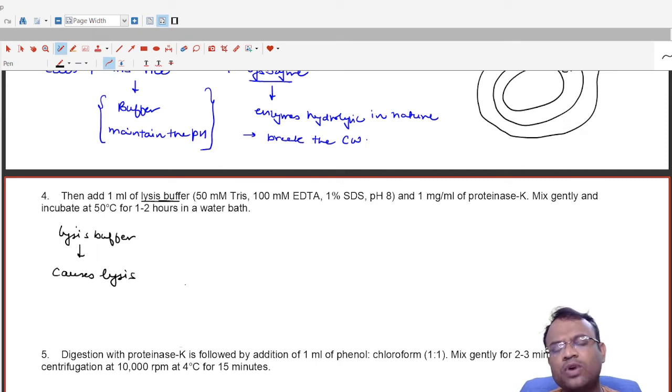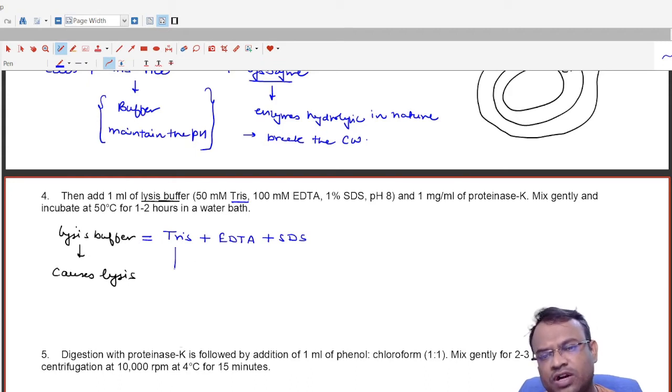What are the main components of this lysis buffer? The main components of the lysis buffer involve Tris, plus EDTA, plus SDS.